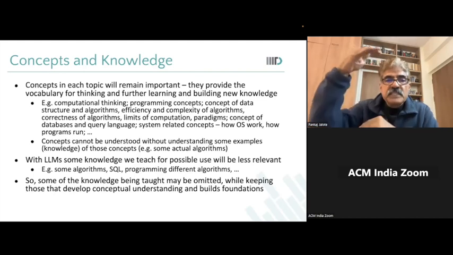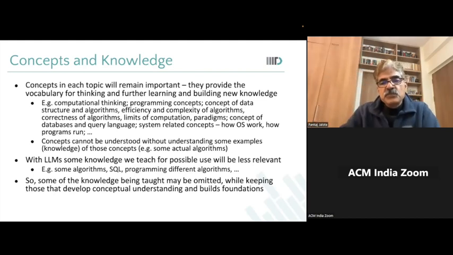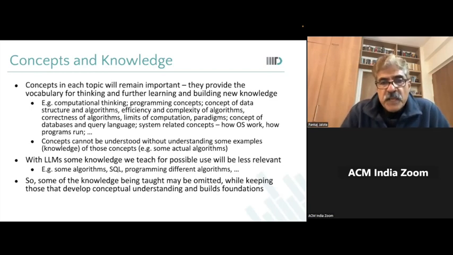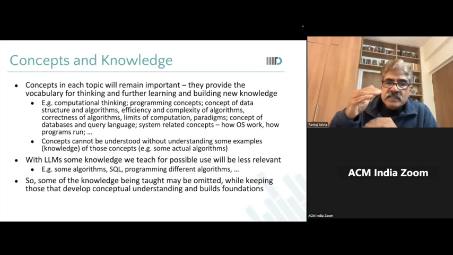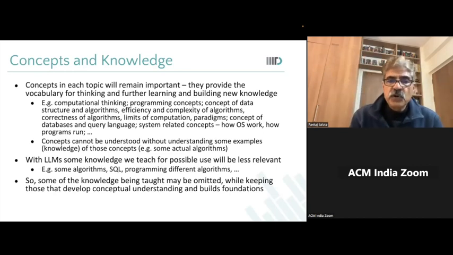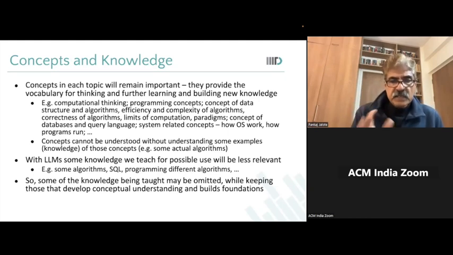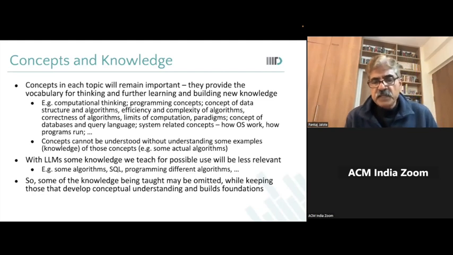So there is some concept and vocabulary, and then there is some knowledge which we are giving them for use. Now I understand that this distinction is not hard and fast, and which portion of knowledge is important for concepts and which is just something we are telling them so they have a larger range of tools available is qualitative thinking.